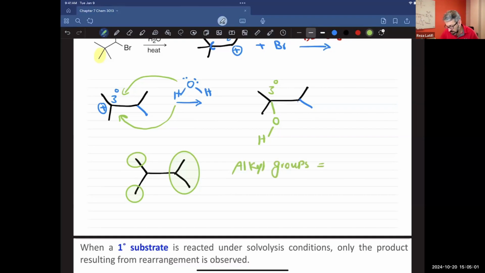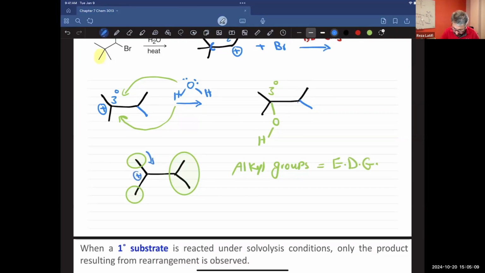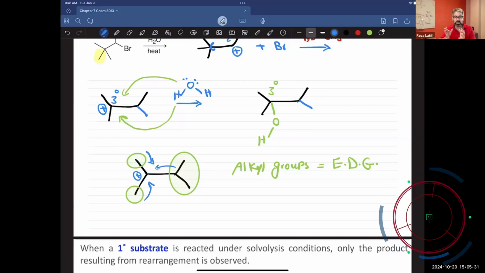Alkyl groups are electron-donating groups. What does it mean? It means they're going to donate some electron density to this carbocation. The more we have, the higher the donation we can give to the carbocation. That's the reason the tertiary carbocation is going to be the most stable carbocation among methyl, primary, secondary, and tertiary carbocations.